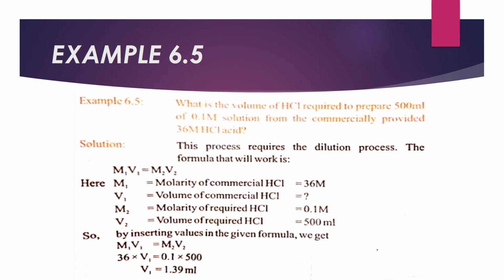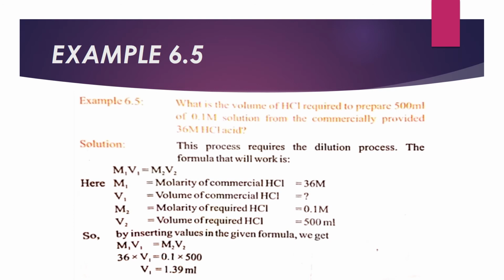Now we are going to put all the values in this formula. 36 mole, this is the value of molarity of commercial HCl, commercial HCl, that is 36. It is multiplied with V1. We don't have the value of V1; we have to find out the value of V1, that is the volume of commercial HCl.